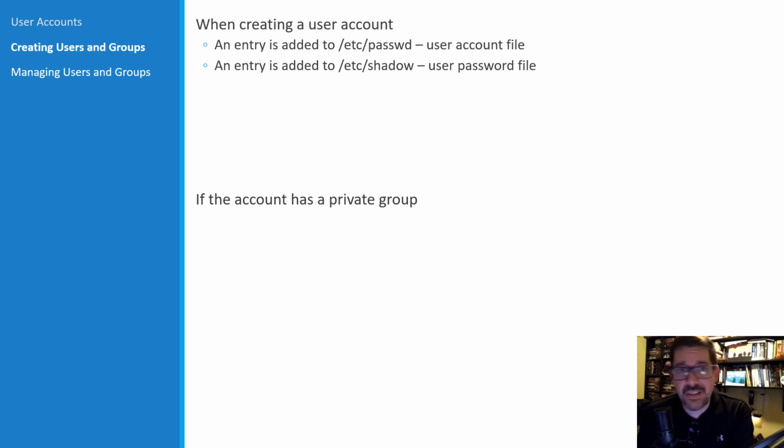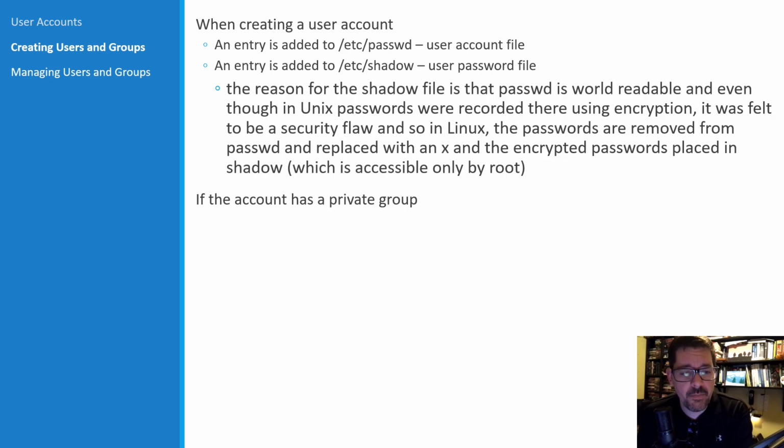There are lots of reasons that everyone might need to see that file, but we don't want their encrypted password available for anyone to see. Even though it's encrypted, you still don't want to expose it because someone could brute force to figure out what the password is, so it's considered a security risk. So instead, we use the shadow file for the actual password hash, and that is protected from read access, so only root can see that file.